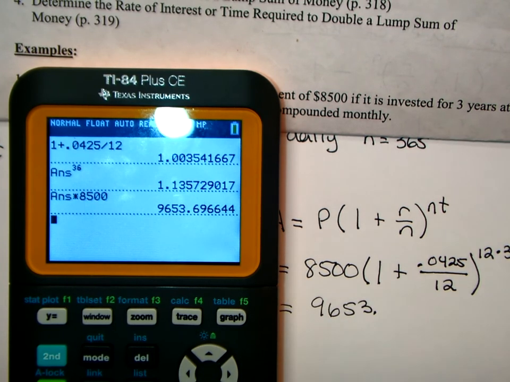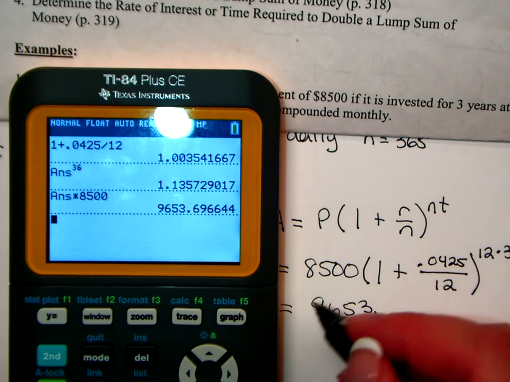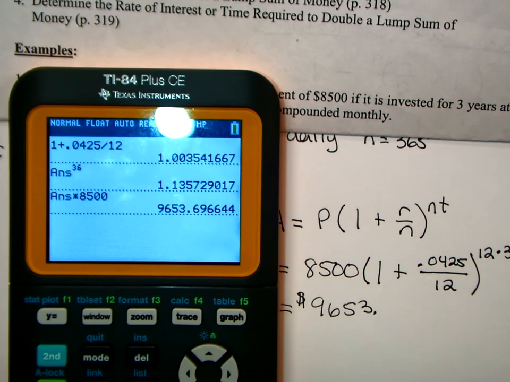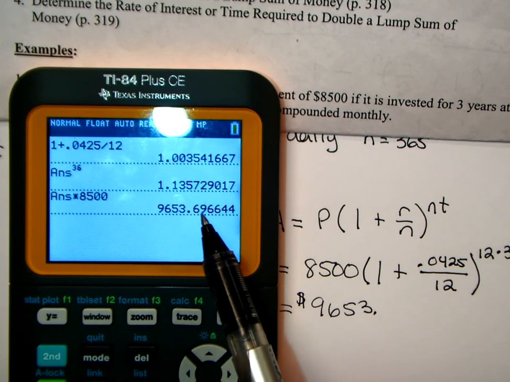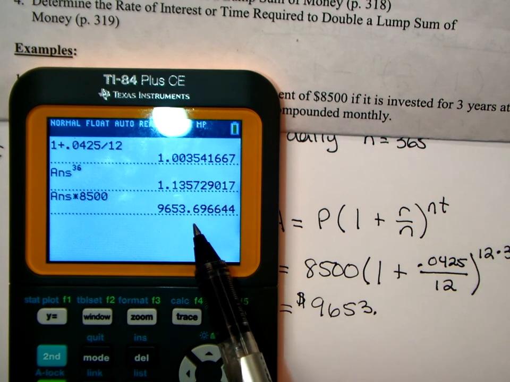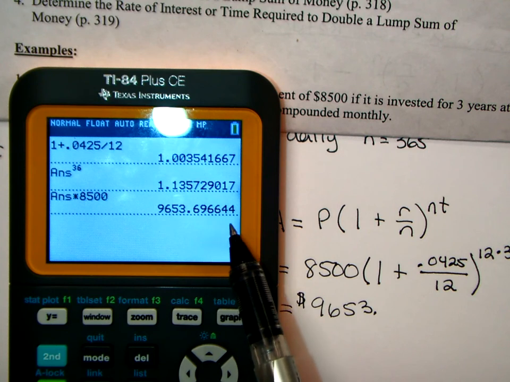9653. Now, how many decimal places do we use? This is dollars and cents, guys. How many places do we have for cents? Cents is 2 places after the decimal. So I have 0.696644.